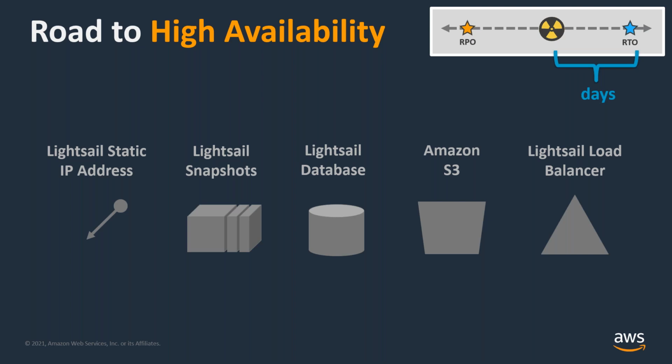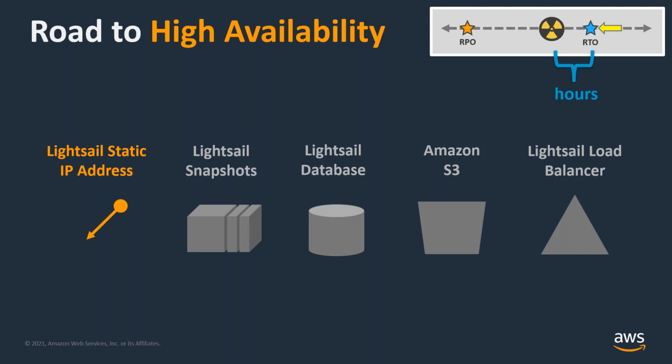So we started with a Lightsail static IP address, and a Lightsail static IP address really helped us with DNS. We no longer had to worry about changing IP addresses and updating our DNS and waiting for those IP addresses to propagate around the world so our customers could find our WordPress site after some sort of outage.